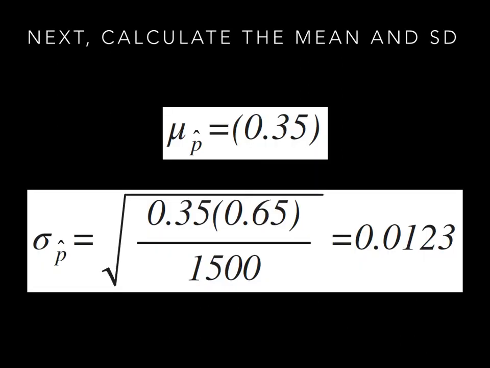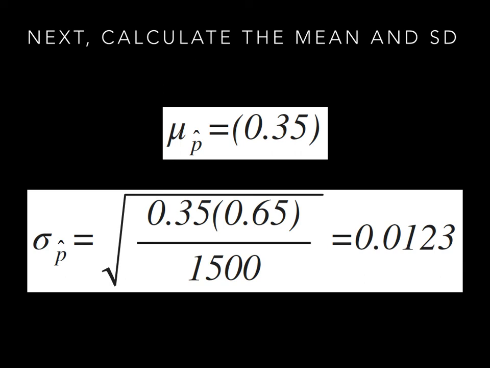So now we need to calculate the mean and standard deviation. Well, the mean is just going to be 0.35, because the proportion of the population is 35%, so the same thing will be for the sample.